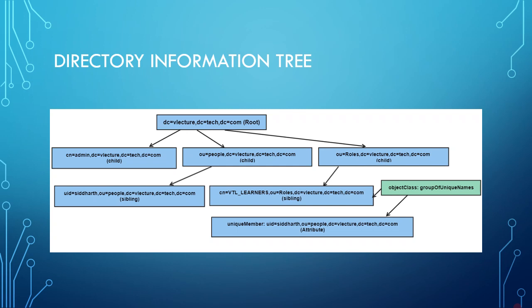Here, as in the picture, the root entry has a DN of DC equal to vlecture, DC equal to tech, DC equal to com. This uniquely identifies the root entry. And this root entry has three children, one on the left, one on the right, and one in the middle. The one on the left has CN equal to admin.